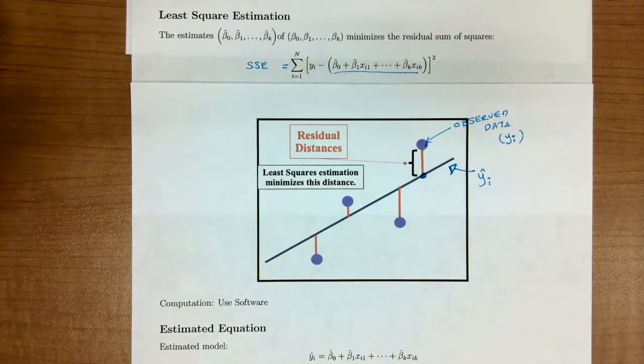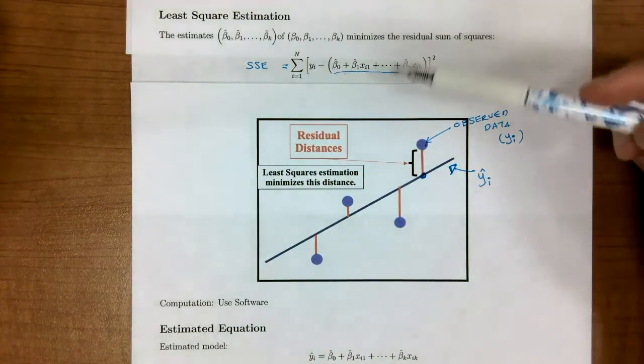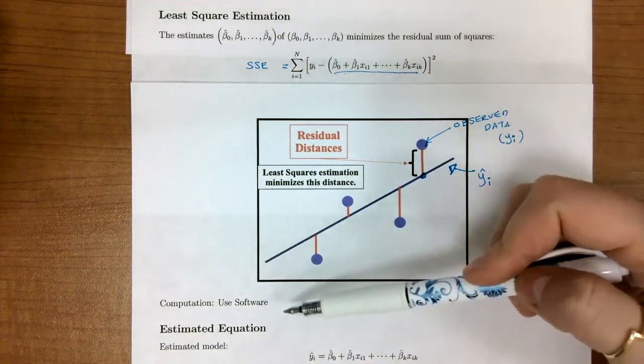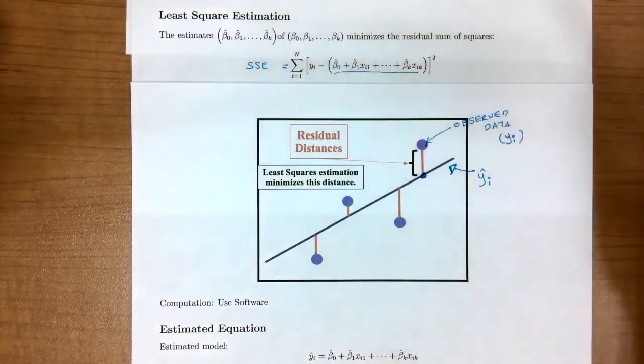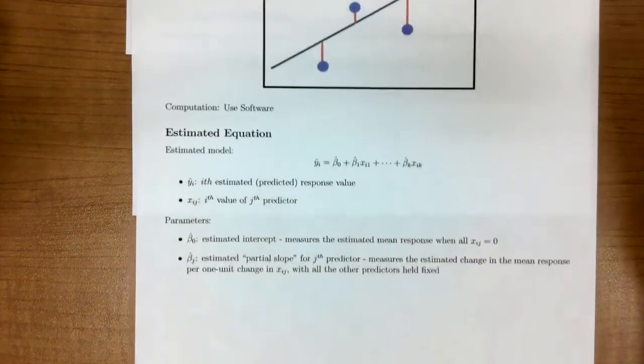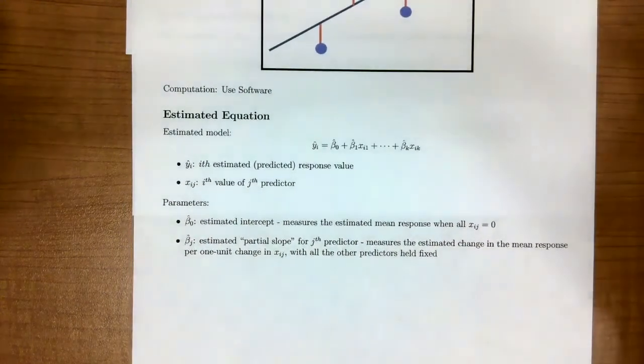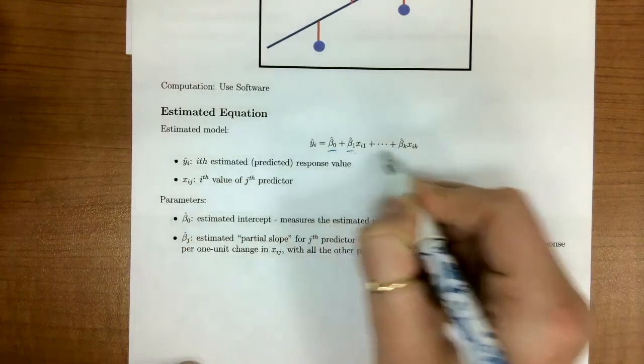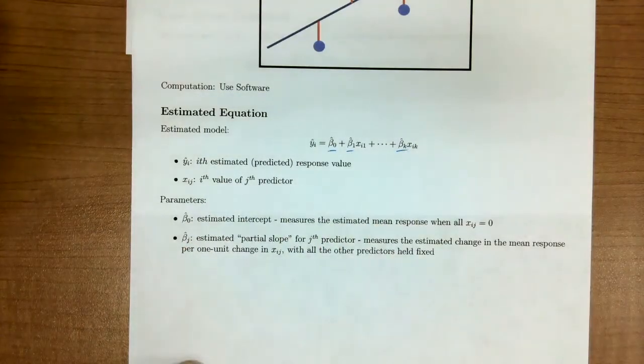I want you to at least have an idea of what least squares estimation is doing. That's why I brought it up. But to get these beta hat estimates, we're going to use software. Once you take your data, I'll show you how to put it in R or JMP. We're going to get an estimated equation, and we're going to get our estimated values of beta naught through beta k. We're also going to get our predicted yi.